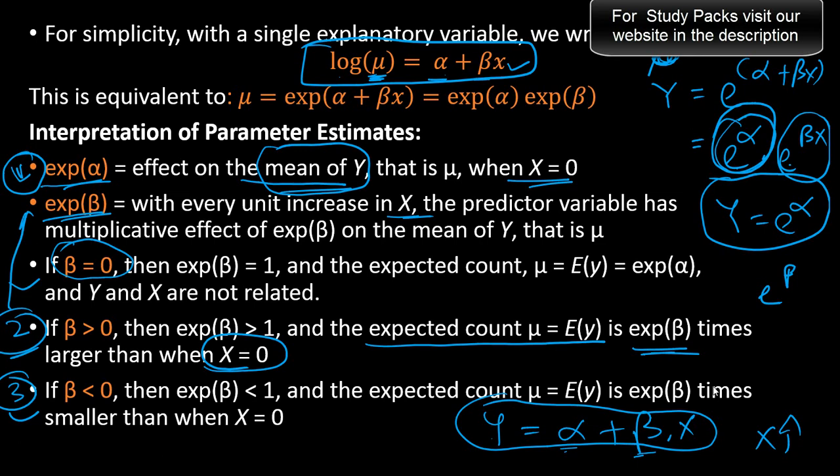And if x is not equal to 0 and your exponential of beta is greater than 1, how is it related to the first condition? Similarly, we can also compare the third one. Slightly complicated, but if you think for a while, you can always get it very easily, not an issue. So one thing to remember is that it has a multiplicative effect. That means alpha and beta together impact your dependent variable.